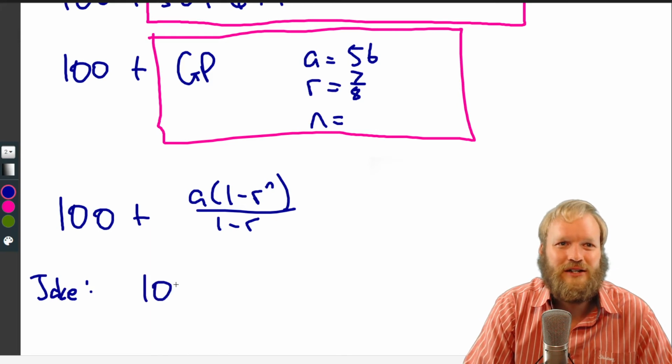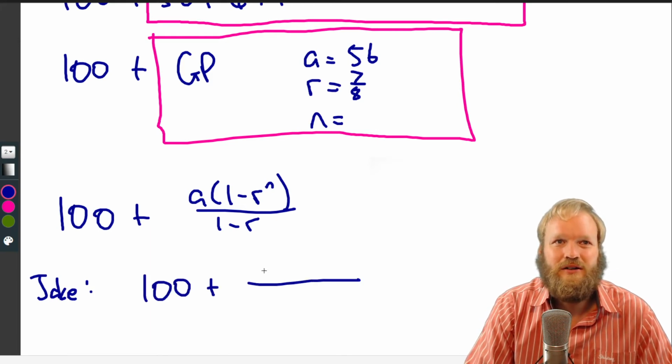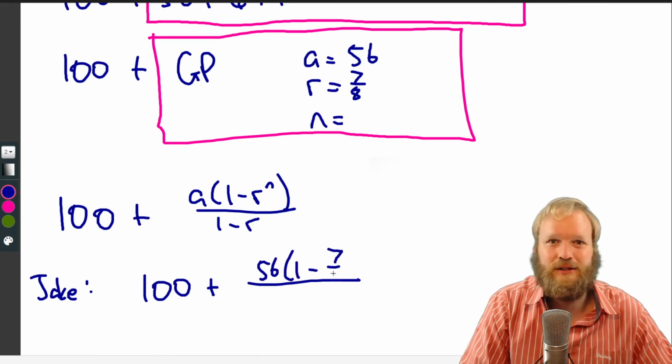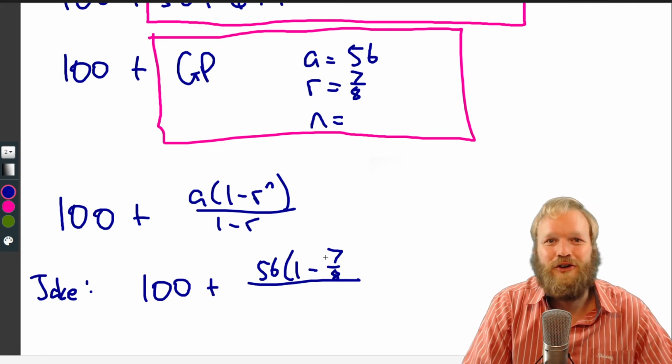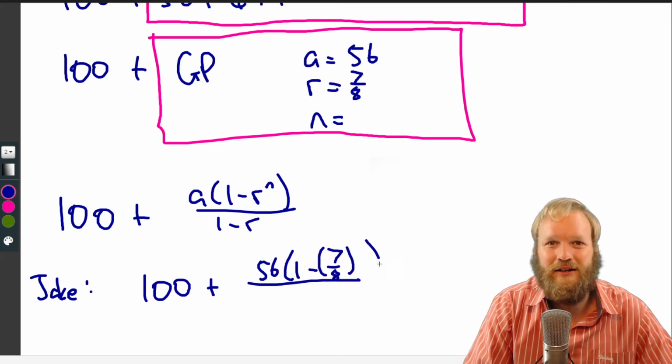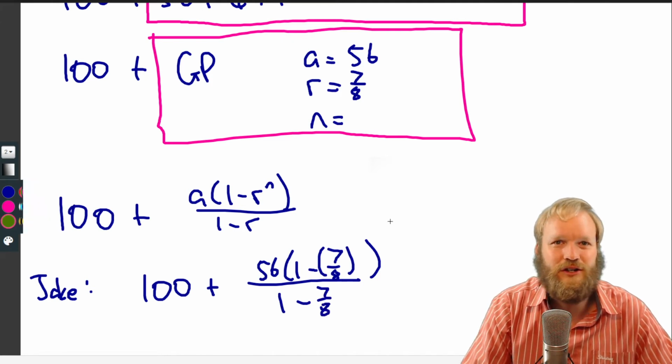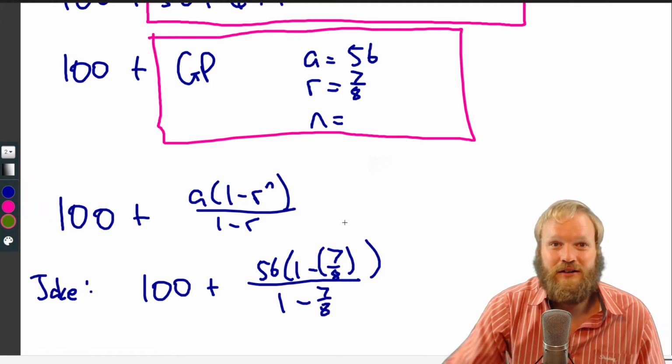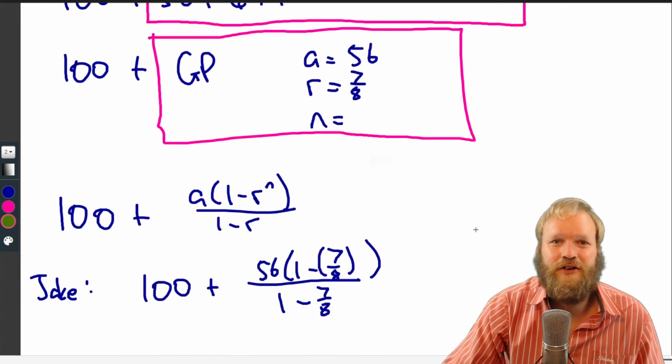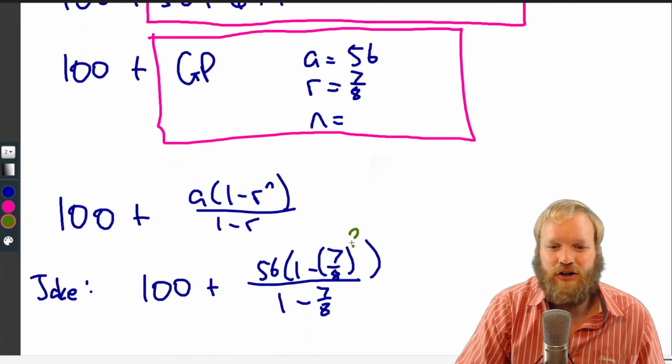Jake's one is 100 plus a was 56, 1 minus r (that's meant to be 7/8) to the power of n, over 1 minus r. And the question is, for Jake, at the end of the 5th year, what is our value of n?